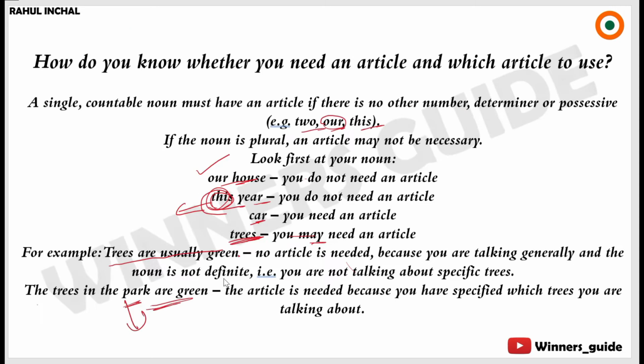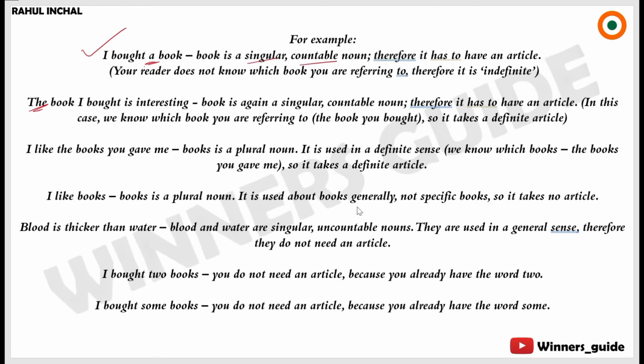Like we read in this: a singular countable noun must have an article if there is no other number, determiner, or possessive. For example, two, our, this. So, here we have two. So, we do not need an article. I bought some books. You do not need an article. Why? Because you already have the word some.